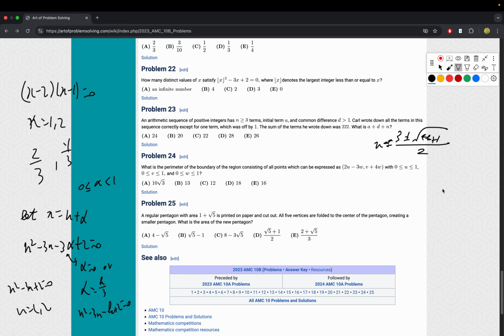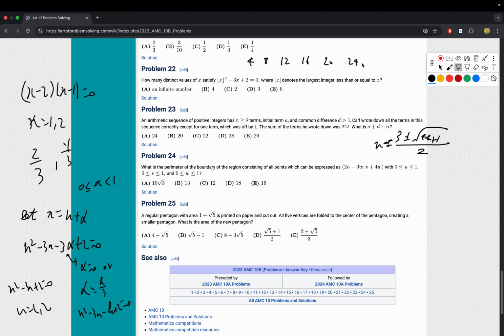But how do we prove that we don't have more from here? Okay, isn't the answer A? We need to prove it. Let's try writing it out. We might find something.